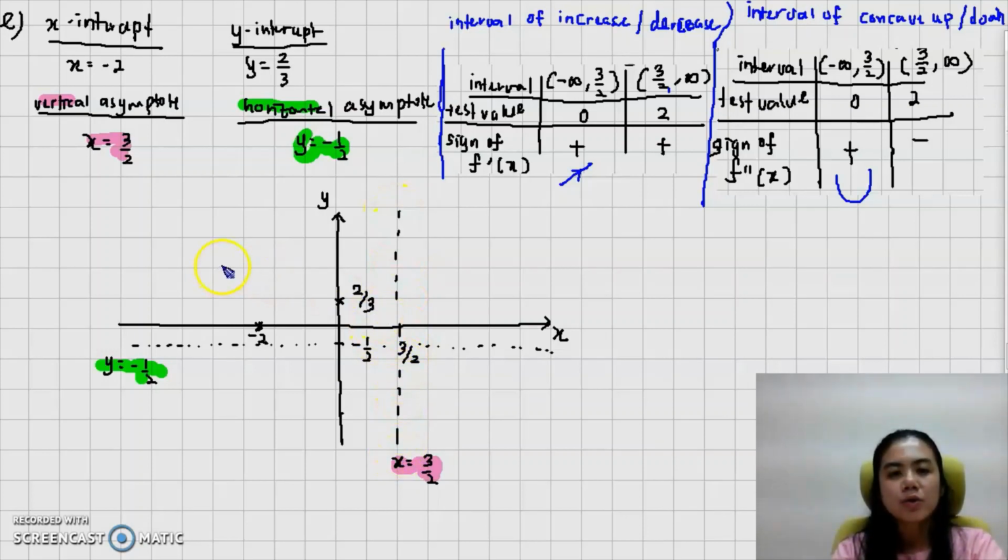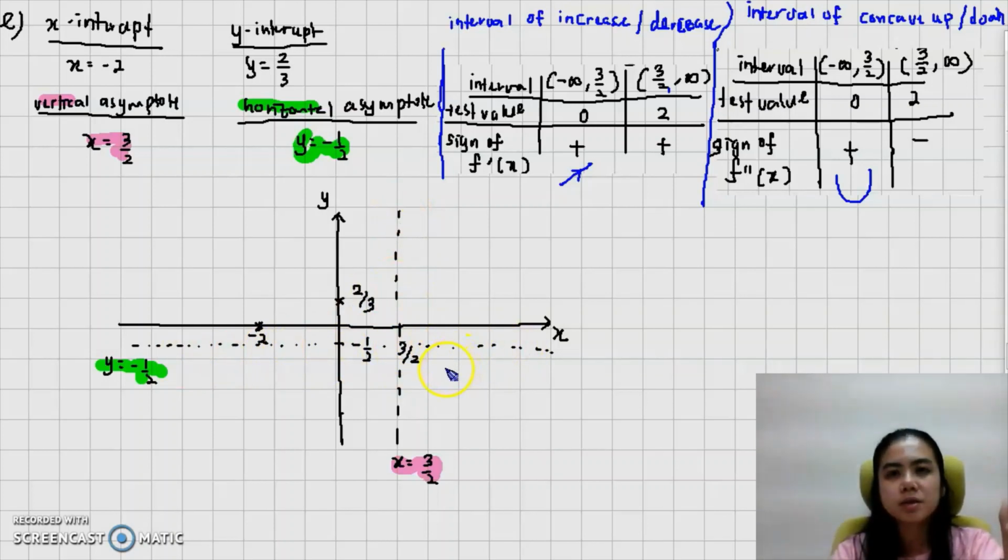You're going to draw a curve that is concave up and increasing. You need to have your curve pass through those intersect points, and the curve that you draw should not pass through the dotted line.